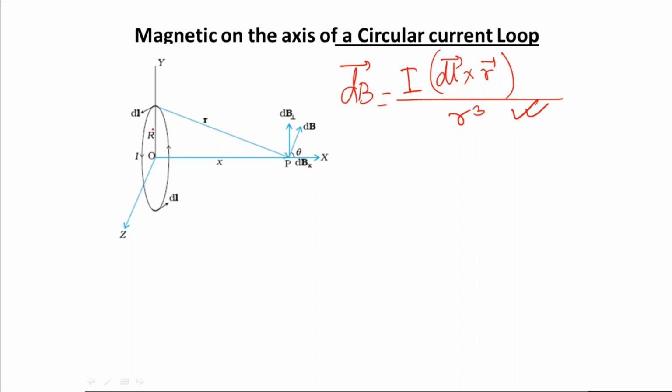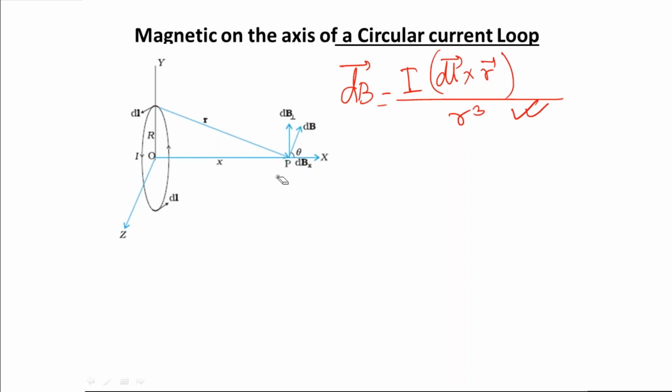So suppose the radius of this circular loop is capital R. You can see that the point is P, where I have to calculate the magnetic field, which is at x distance from the center or the origin of the loop.